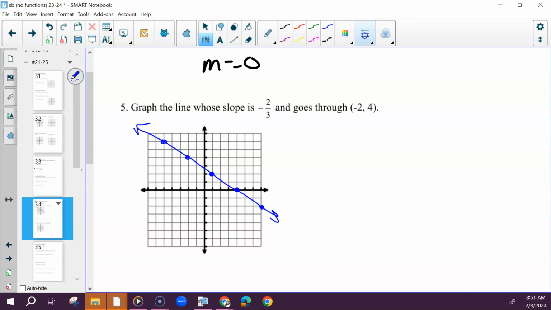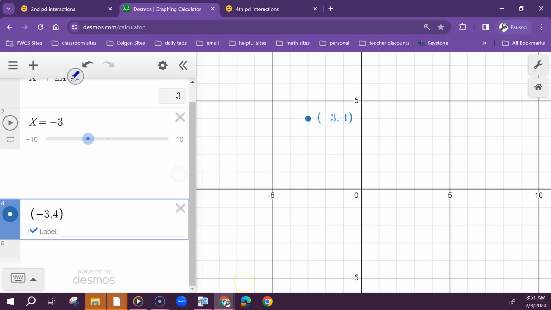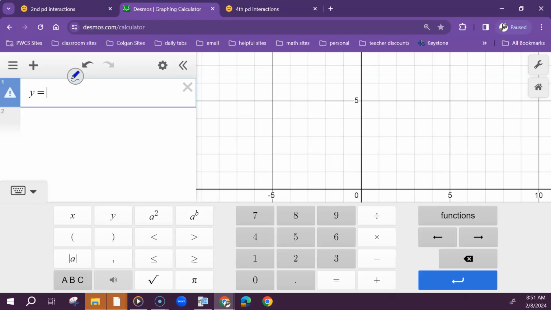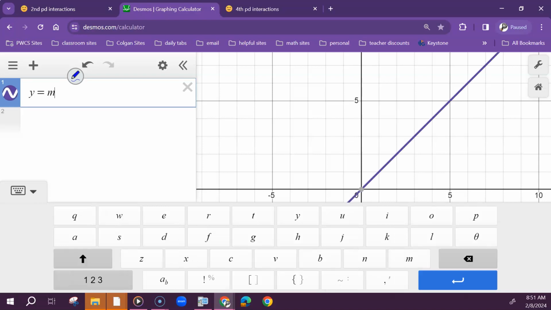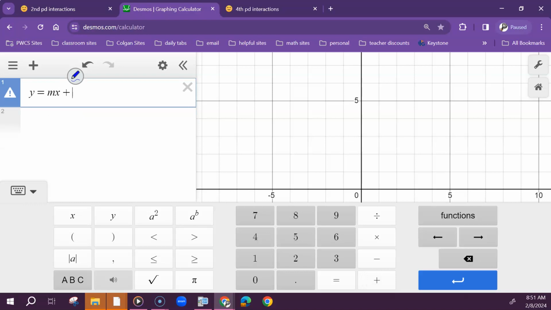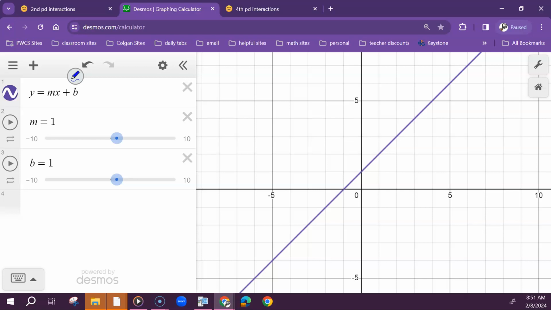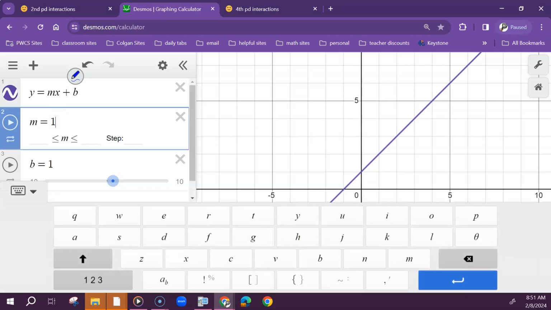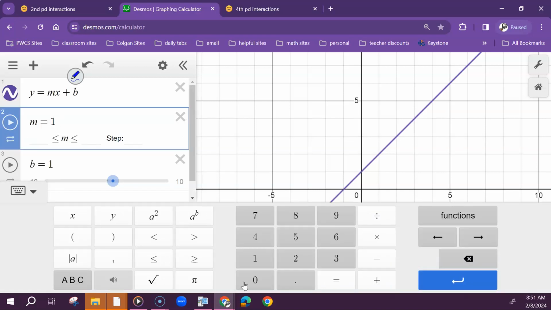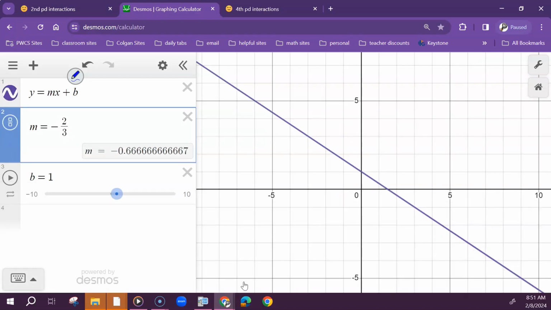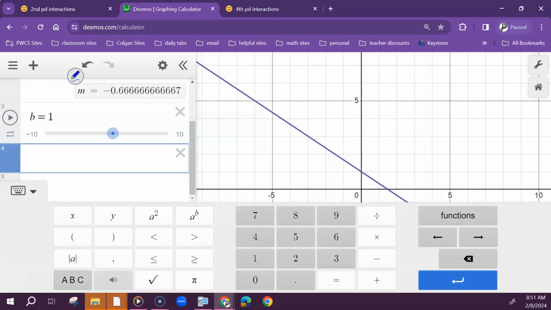If you were trying to do that in Desmos, you would put in your y equals mx plus b. Add in all the sliders. Change the slope to -2/3. And then put in your point -2, 4.